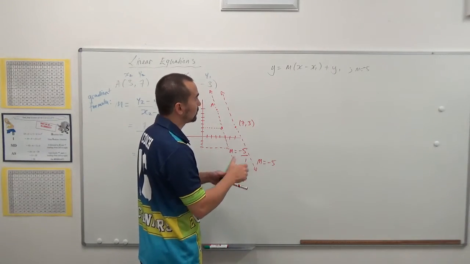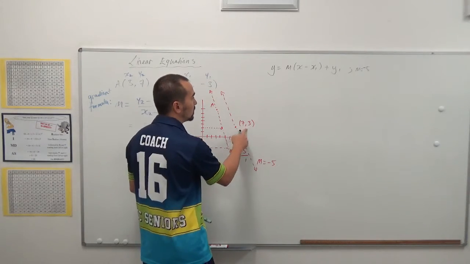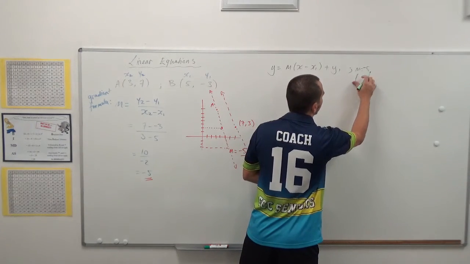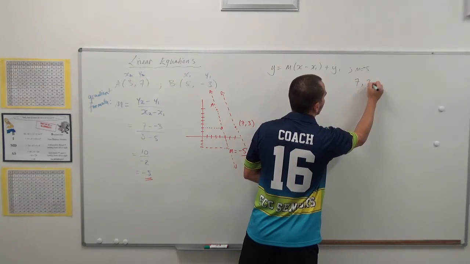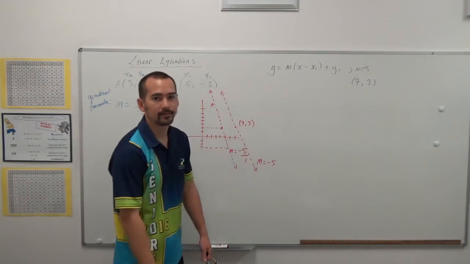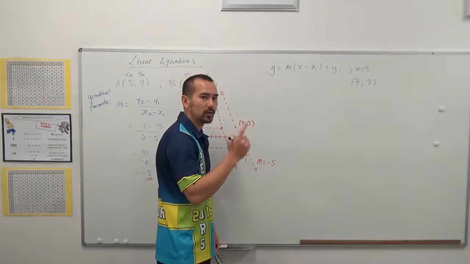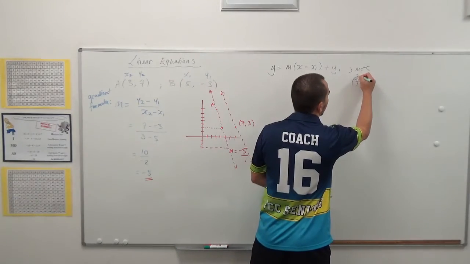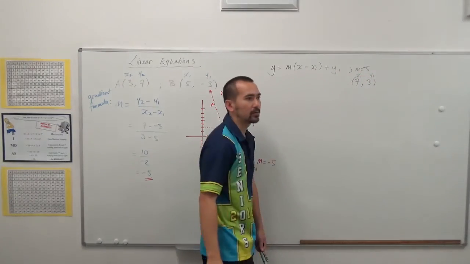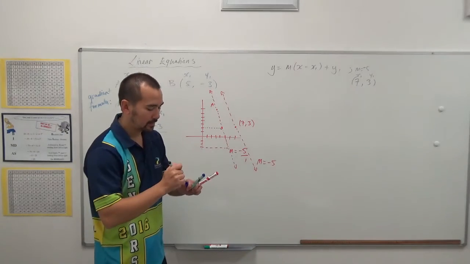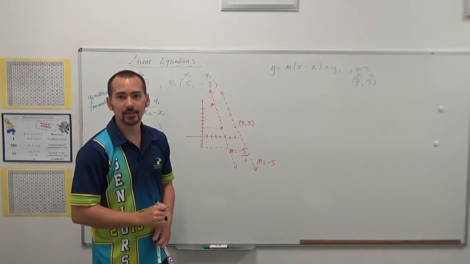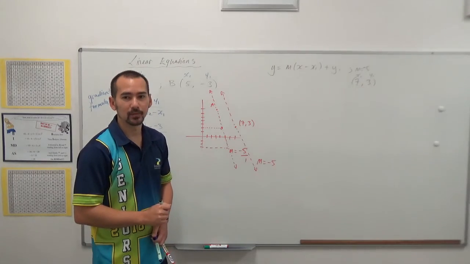Do we have a coordinate? We're going to use (7, 3). And we're only using one coordinate, so I'm going to call this one x1, and the 3 we're going to call y1. And at this stage, you just plug in the values and we're done.